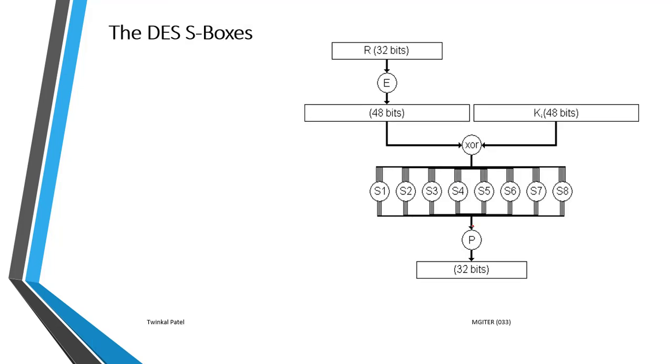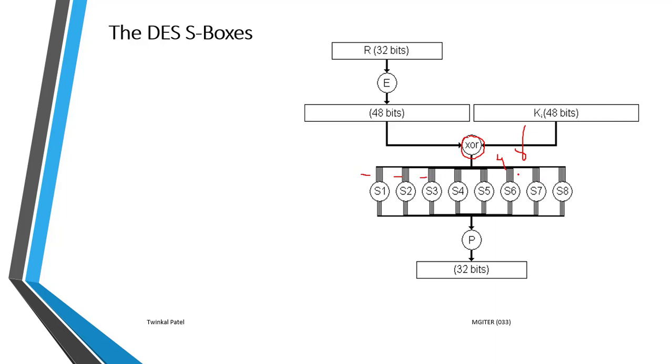So here the XOR operation gives us a 48-bit output which is given to the S boxes. Here we can see that a total of 8 S boxes are there in the DES. So 48 divided by 8, so 6 bits are given to each S box. So 6 bits are given to S1, 6 bits are given to S2, 6 bits are given to S3.